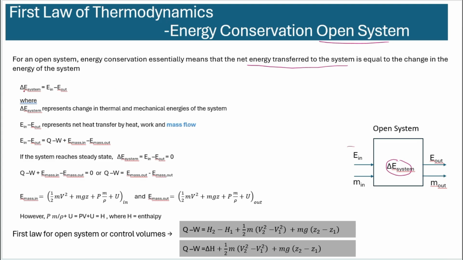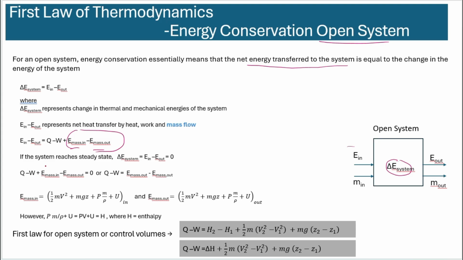In this case, the net energy transferred also includes energy due to mass going in and out. So this is the term that is not there in the closed system equation. There is a mass in and mass out energy term.